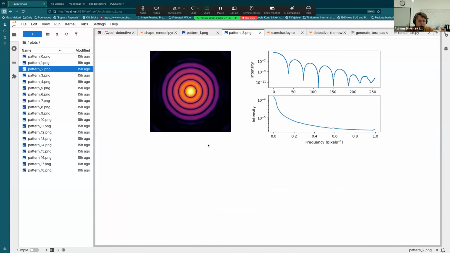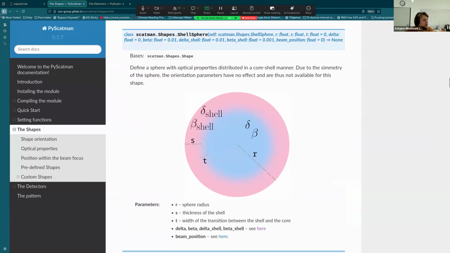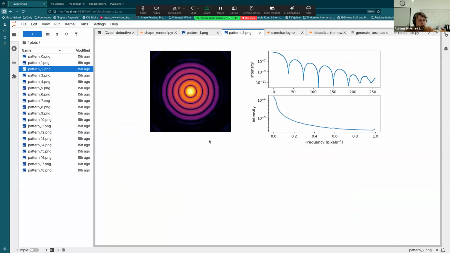Here's another one, and these are all using this shell sphere shape. So we've had soft, we've had hard. What other variation can you think of?